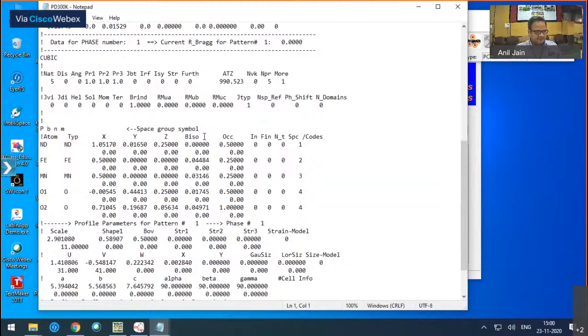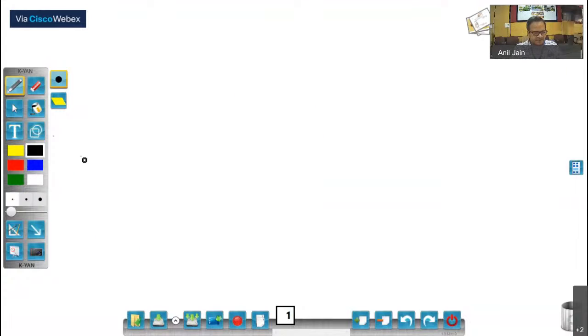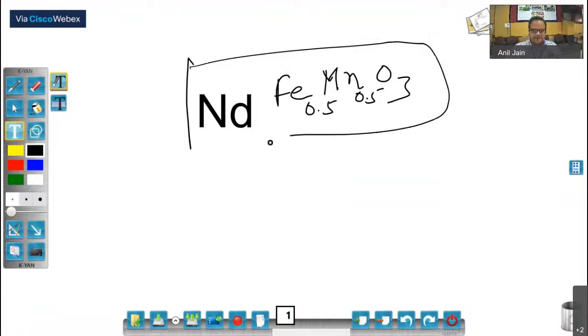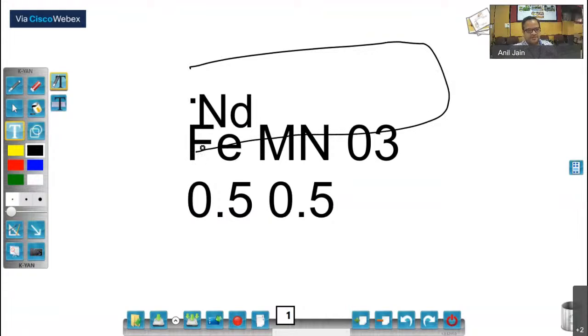And let me write down the formula unit of this. So this compound is NdFe0.5Mn0.5O3, where this is 0.5, this is 0.5. This is the formula of this compound.